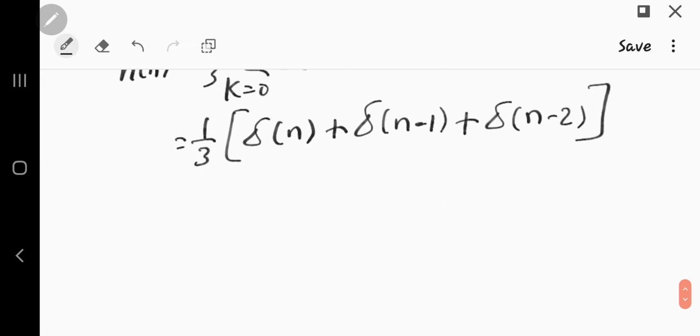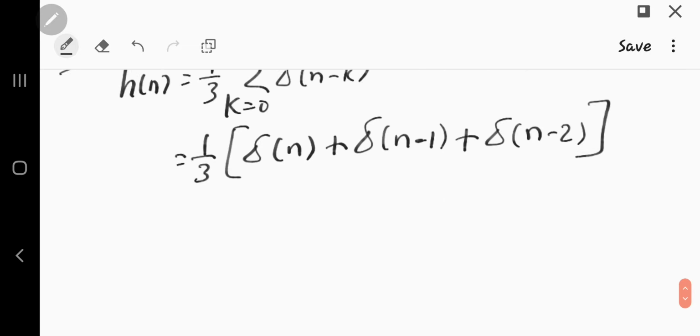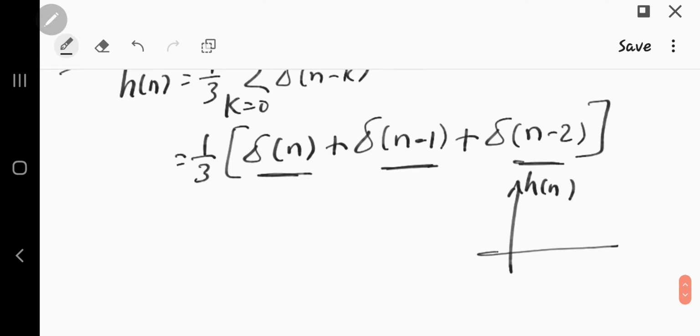If you observe, the signals are present. This is an impulse function, present at n is equal to 0, n is equal to 1 and n is equal to 2. So graphically, if you represent this h of n, it will have the same amplitude 1 by 3 at the origin, 1 by 3 at 1 and 1 by 3 at 2.